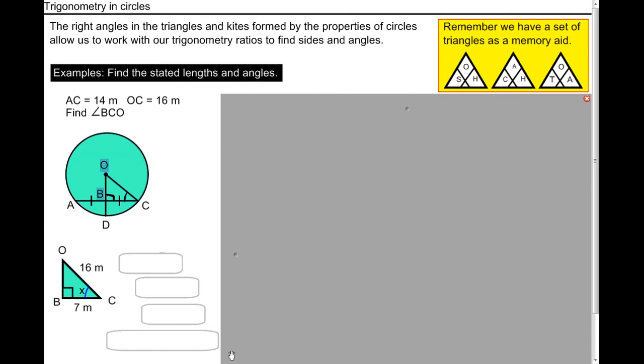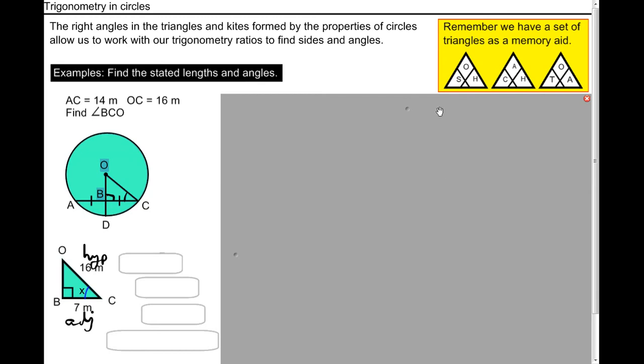When using trigonometry, I need to label my sides. So OB, this side would be my opposite. This would be my hypotenuse. And the side next to my angle would be the adjacent. I'm trying to find the angle, and I know the adjacent and the hypotenuse.